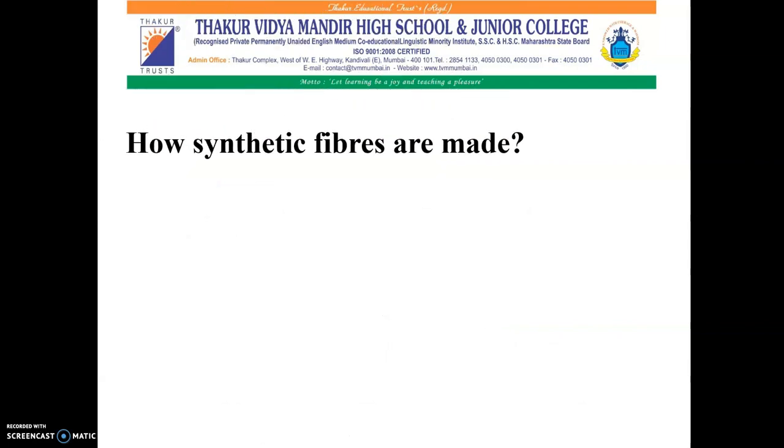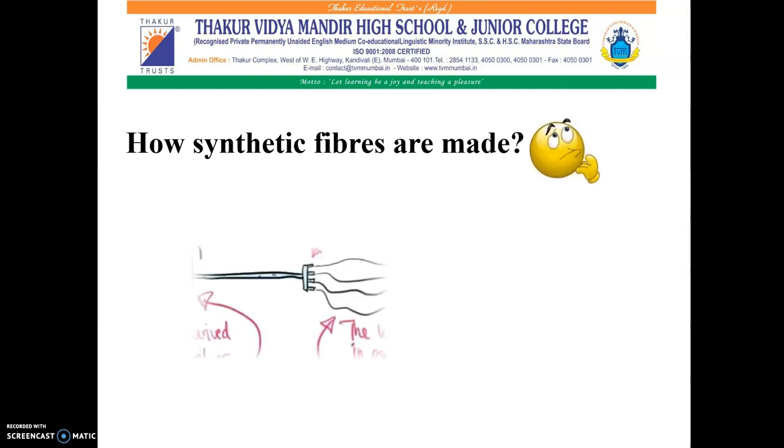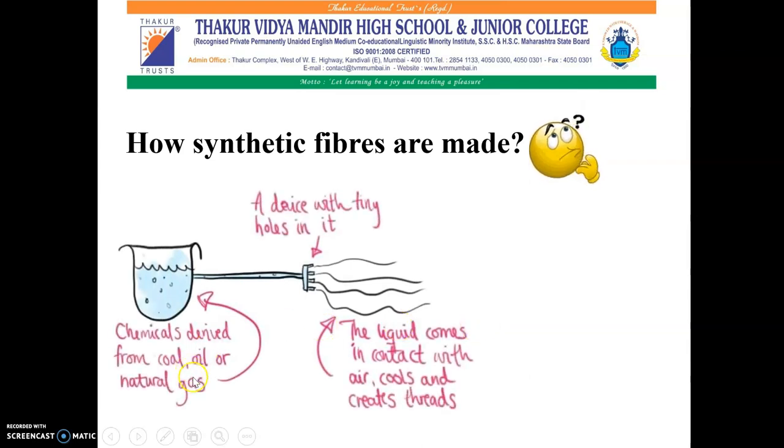So let us see how synthetic fibers are obtained, how they are made. Various hydrocarbons which are derived from coal, oil or natural gas are used to make polymer chains. A solution of such polymer is pressed through a strainer with fine holes. The fibers that are formed after cooling are long and unbroken threads.